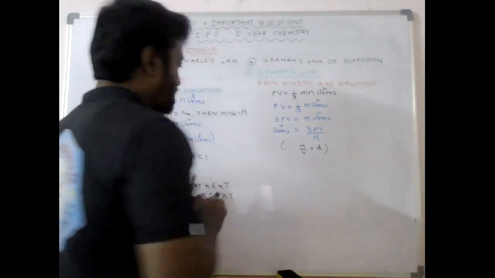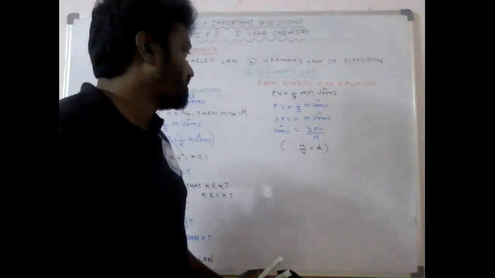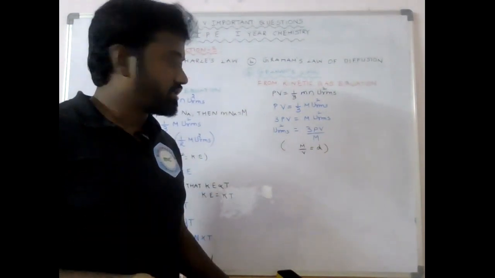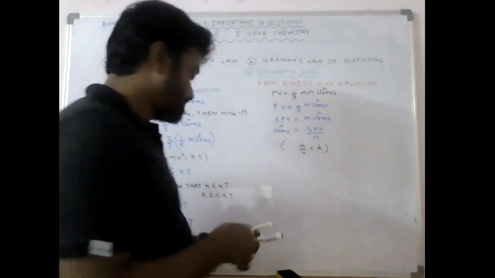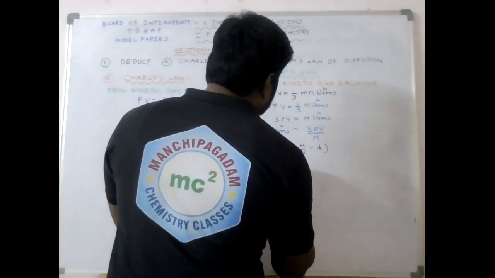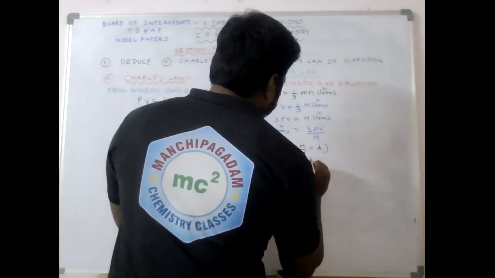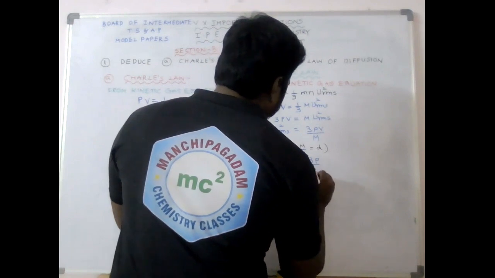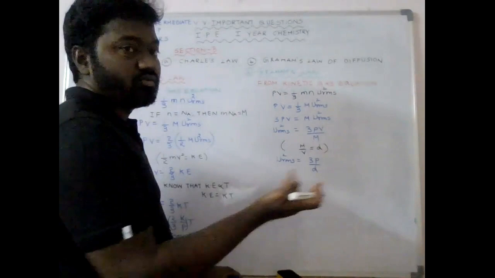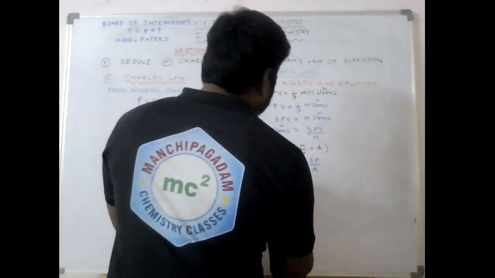The mass per unit volume is called density. But we have here V by m. M by V is D, which means V by m is 1 by D. So URMS square is equal to 3P by D, because V by m is equal to 1 by D. 3P into 1 by D is 3P by D.